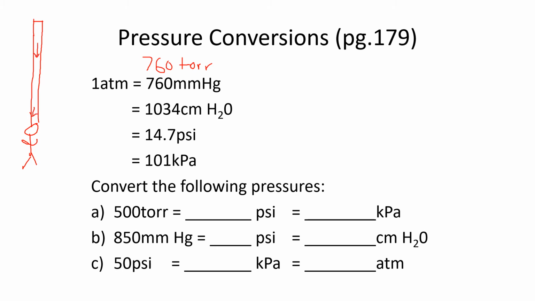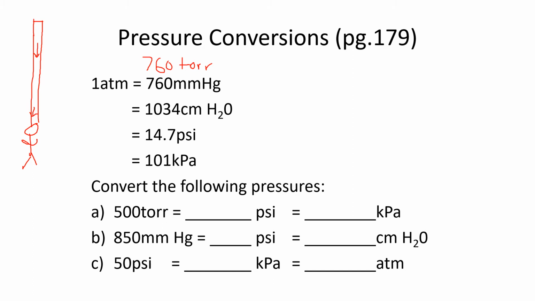So 1 atmosphere of pressure is pushing 760 millimeters of mercury, which is the same as a torr. 760 torr is an atmosphere. Now, if we change that substance from mercury to water, atmospheric pressure will support a column that is 1,034 centimeters high.